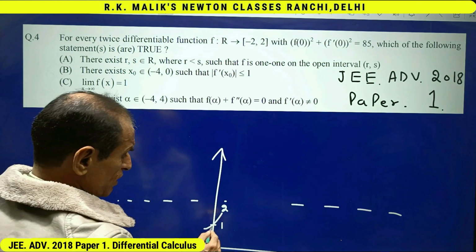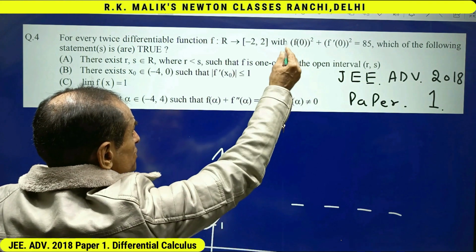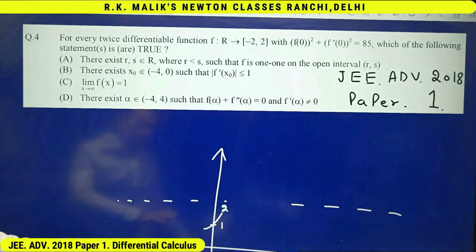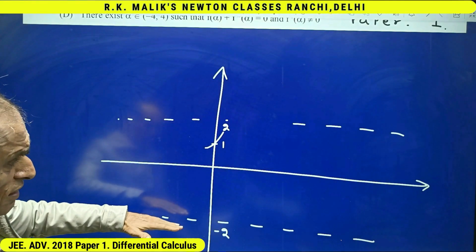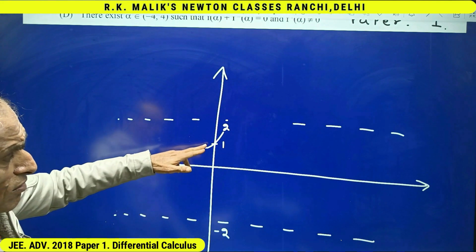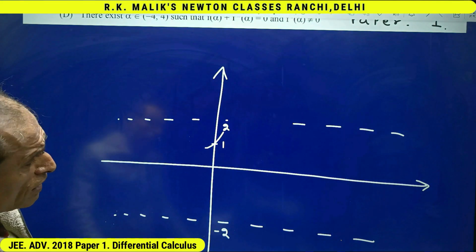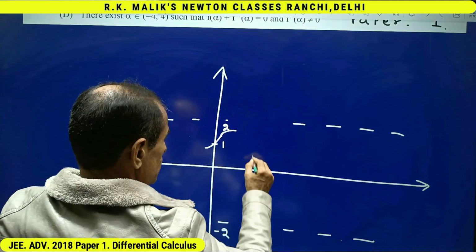If I take slope of tangent at this point as under root 84, then this condition will also become satisfied. That is, if I draw the graph such that it always remains in this interval and satisfies the second condition, we can draw infinite number of graphs.